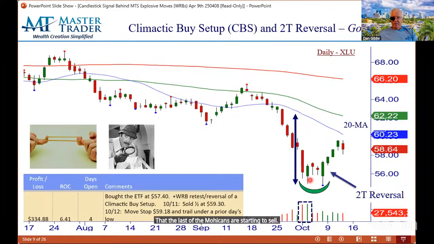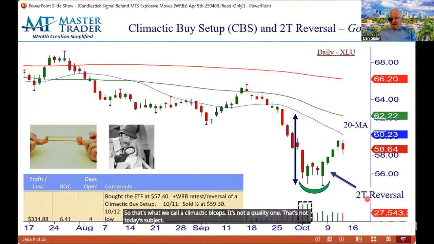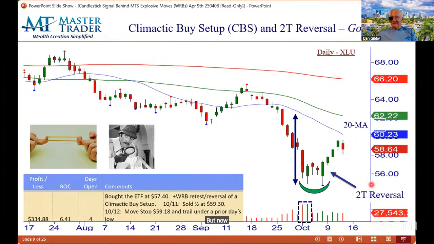A green bar here. So that's what we call a climactic buy setup. It's not a quality one. That's not today's subject. But now, 2T, we just label this 2T, meaning tails. So this one didn't get up very far and it made a new low.